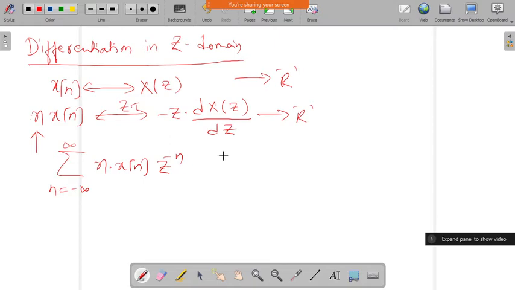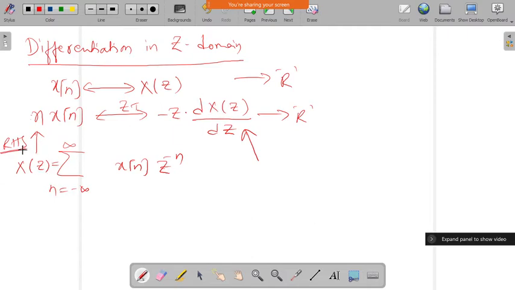Now I will take it as X of z, because this is the Z transform. So, instead of directly putting this signal, I will take the RHS side and I will try to prove the LHS.